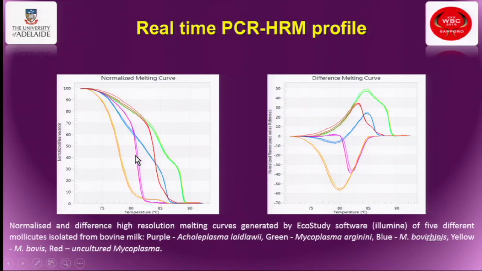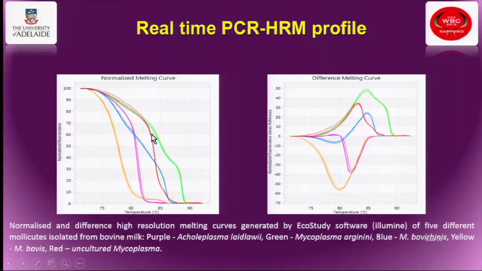This assay showed clearly distinct melting curve profiles of Acholeplasma laidlawii, which is in purple color, Mycoplasma arginini, this one with a green color, Mycoplasma bovirhinis, the blue one, M. bovis, the yellow in color, and uncultured Mycoplasma.